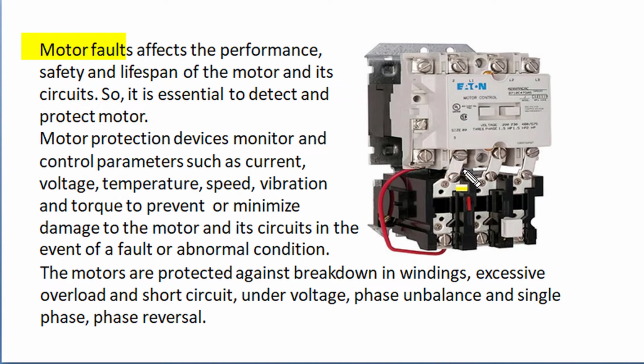The motors are protected against breakdown in winding insulation, excessive overloading, short circuit, temperature rise, under voltage, reverse phase sequence, unbalance in supply voltage, and single phasing, and we'll study all those protections one by one in the next few minutes.